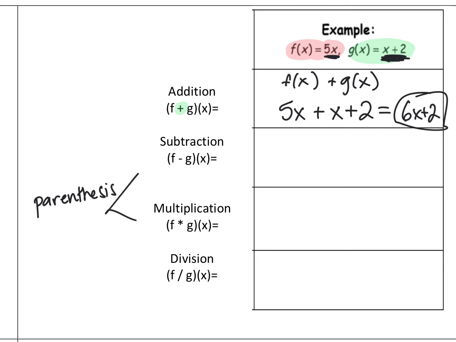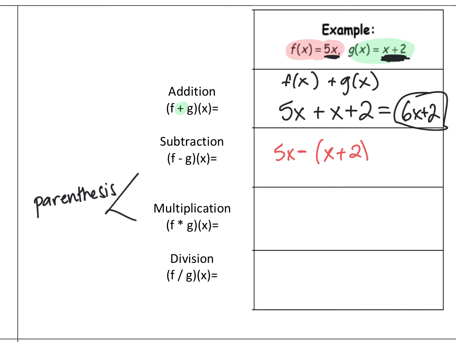Work with your table. Subtraction, how do we set that up? 5x negative sign, parentheses, x plus 2. I love it. Good. 5x minus x plus 2. Since x plus 2 is a binomial, it's got to go in parentheses. Okay? Now do you see why that had to be in parentheses? Because if I didn't use parentheses, I would technically only be subtracting the x.